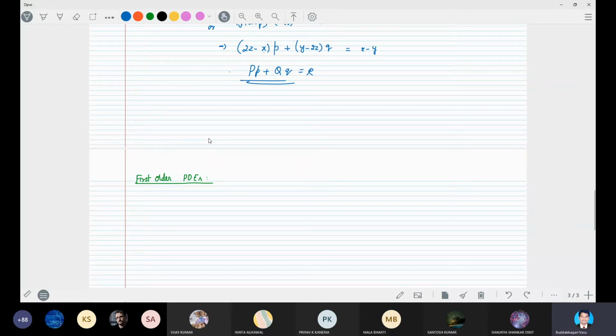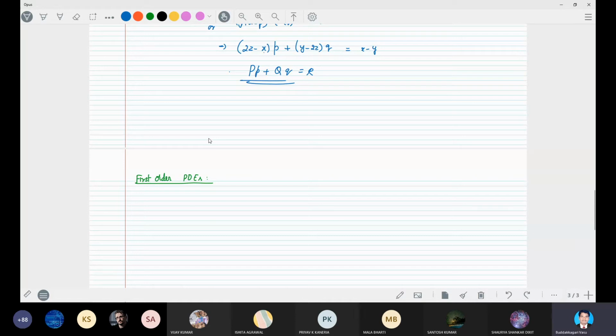There we obtain the first order PDEs where an equal number of arbitrary constants are involved with an equal number of independent variables, then the resultant equation will be of first order, right?